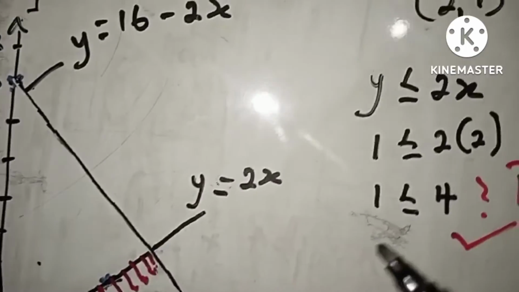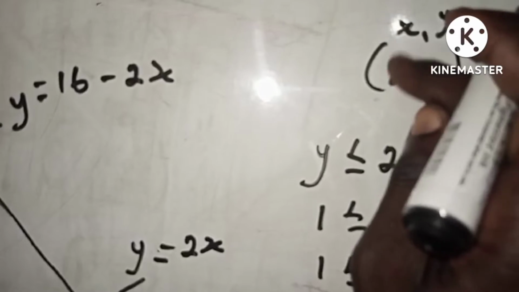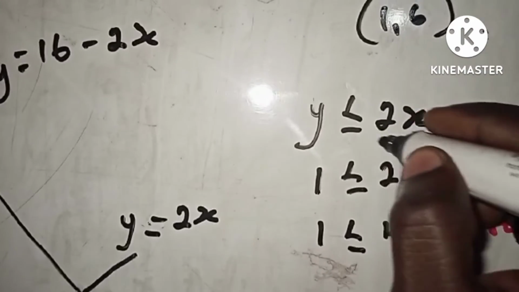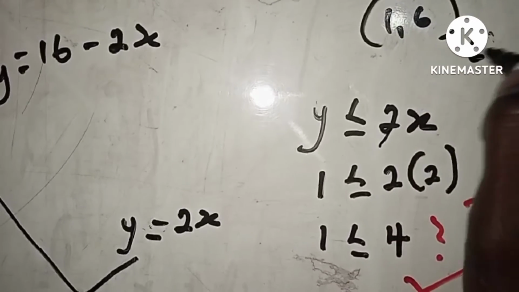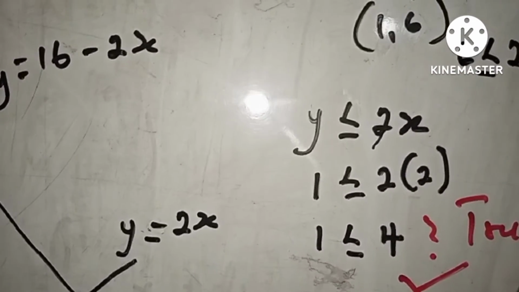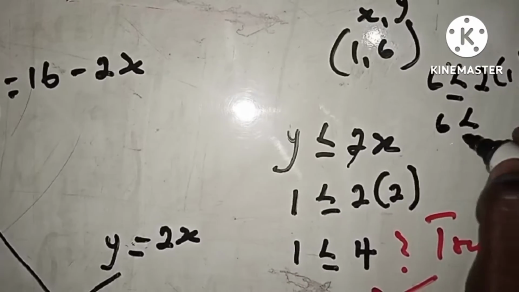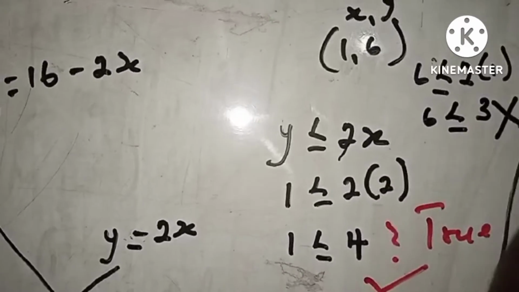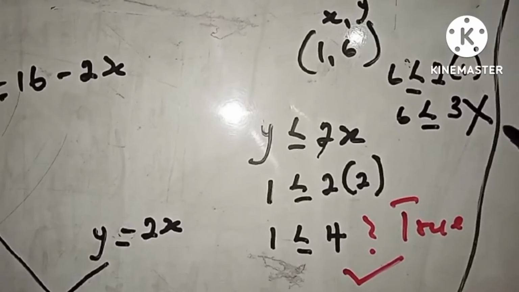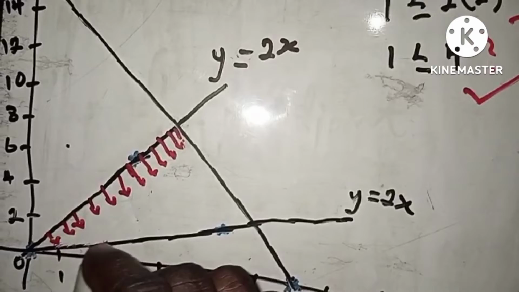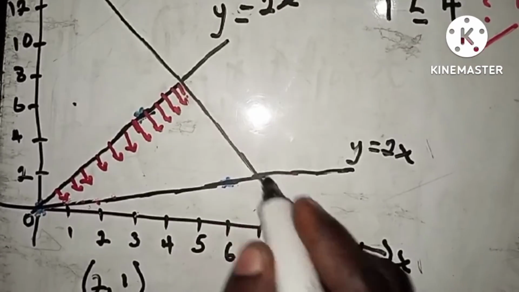So let's check whether it satisfies the inequality, meaning that our y is 6, which is less than or equal to 2, and then x is 1. So you have 6 less than or equal to 2. This is absolutely wrong. Can you see? So the direction that we are going to shade is down here. The same thing you have to apply for the rest of the equations.